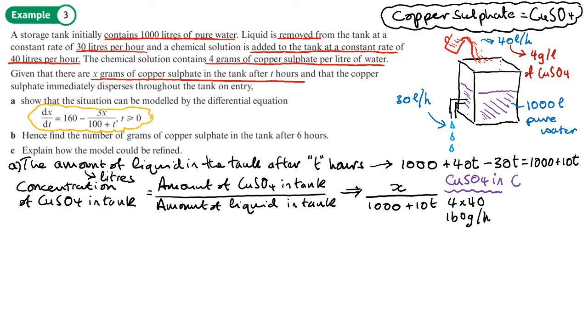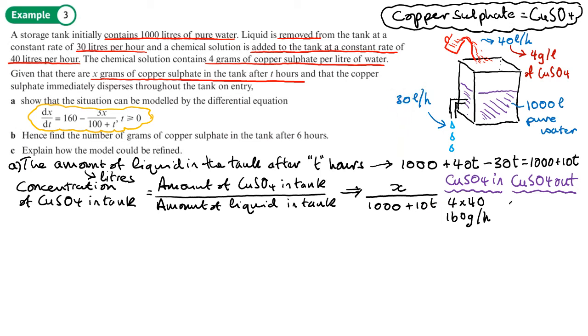How about the copper sulfate that's coming out? Well, that will be whatever the current concentration of copper sulfate is per litre times by 30, because there's 30 litres coming out per hour. So that's the concentration of copper sulfate in grams per litre, and we've got 30 litres, so we need to times it by 30.